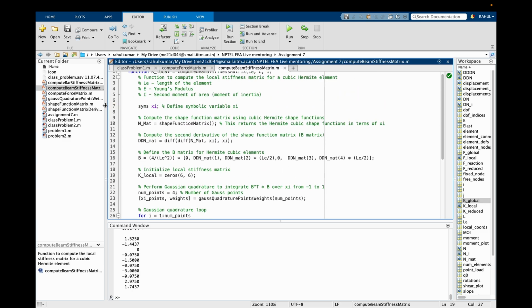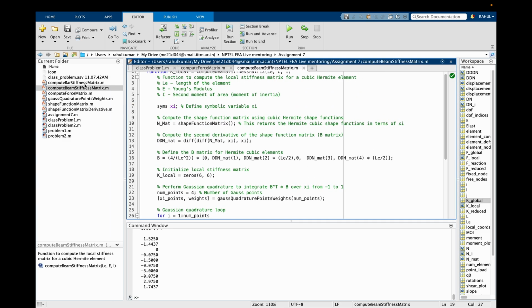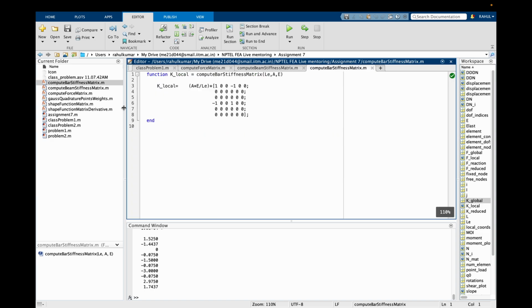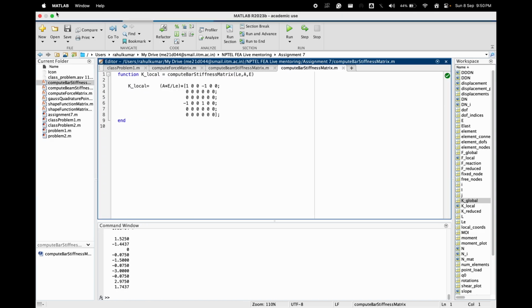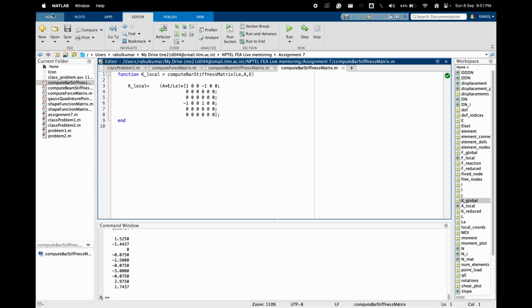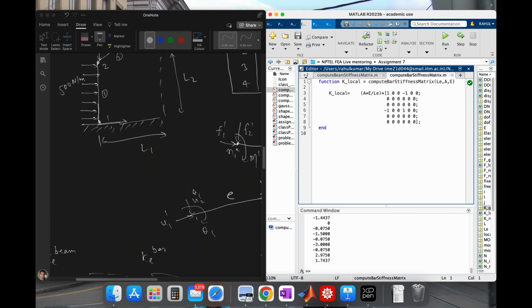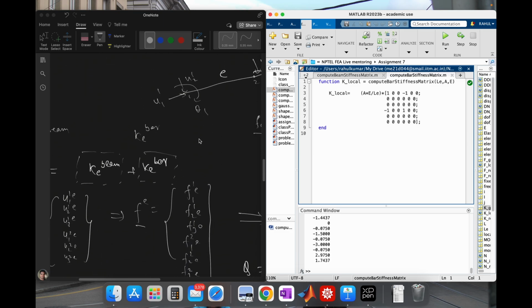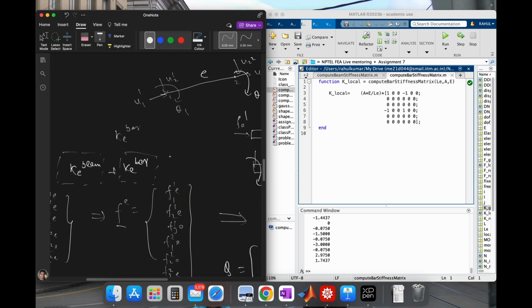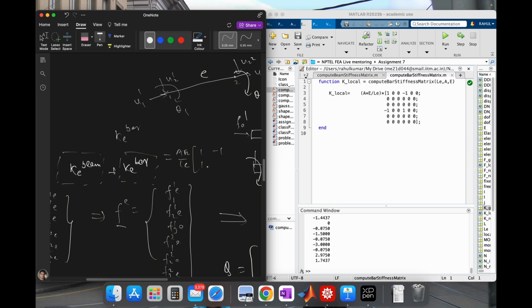Now we will move to the compute bar matrix. In the case of a bar matrix it is simple, like this. If I treat it as a bar matrix, then we already saw that it will be something like AE by L times 1 minus 1, minus 1 and 1.